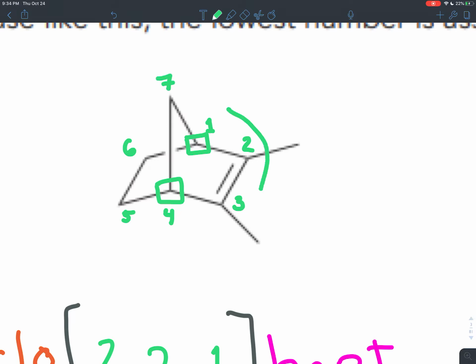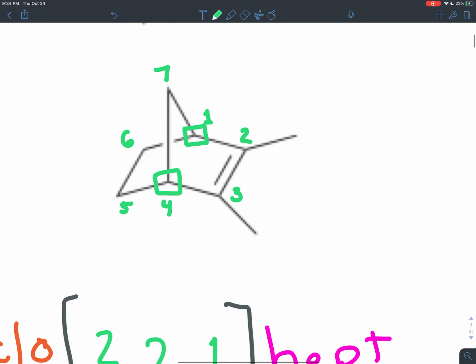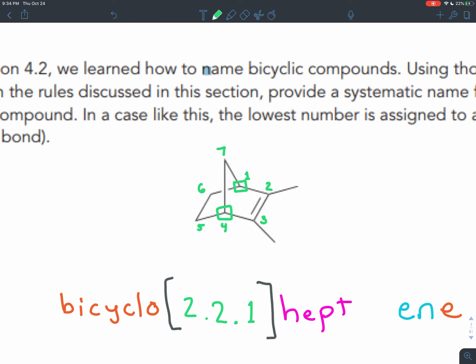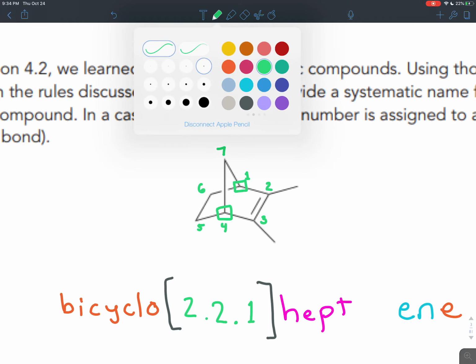Remember that you always have to number the largest chains first, and then you can go to the smaller part, the smaller edge of the ring. Now we numbered it on this right side and the left side. There were 2 carbons each. We numbered it on the right side first because that's where we had the double bond. We wanted to give that the lower number. So the double bond is starting on carbon number 2.